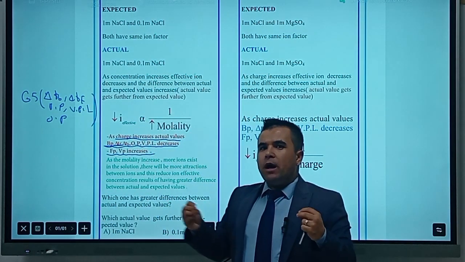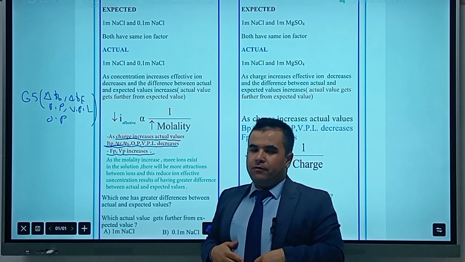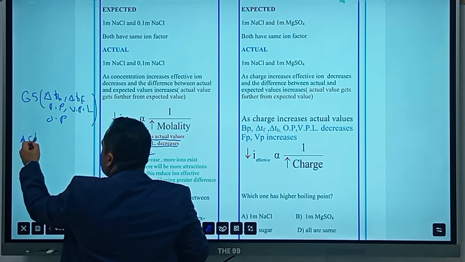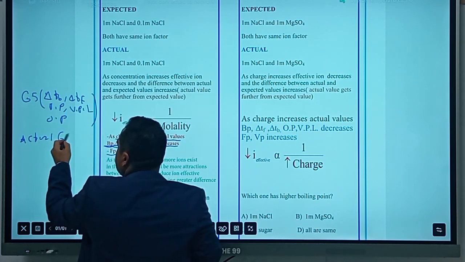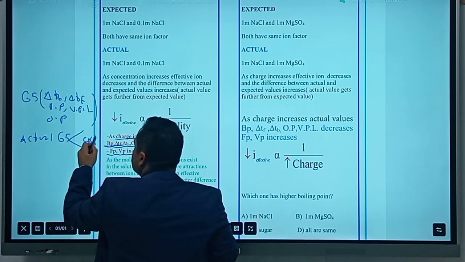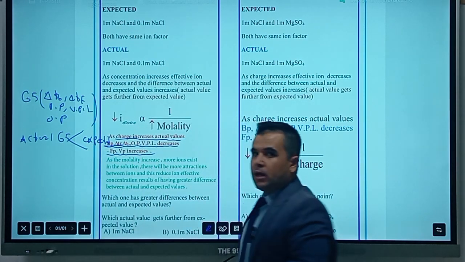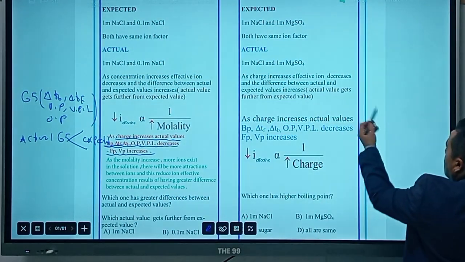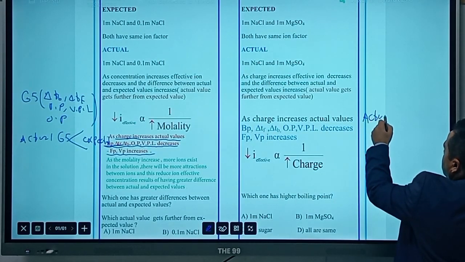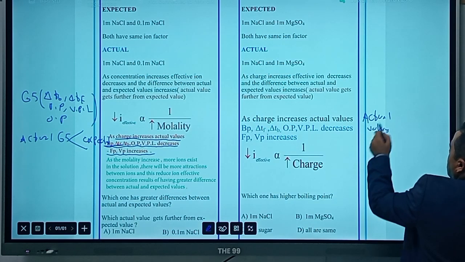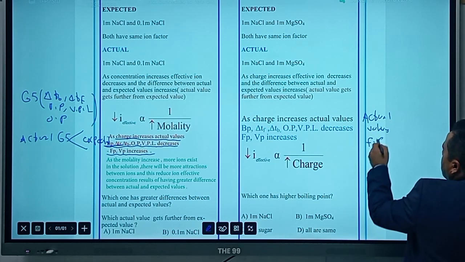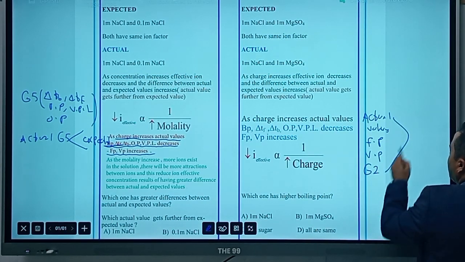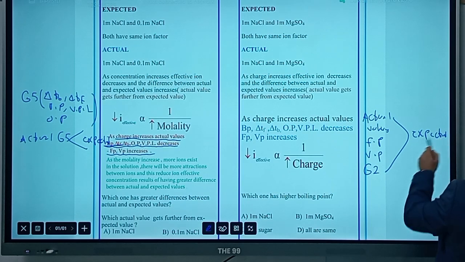If the question talks about the actual value of these 5, always the actual value of G5 is lower than the expected. But the actual values of freezing point and vapor pressure, which we call G2, are higher than the expected values.